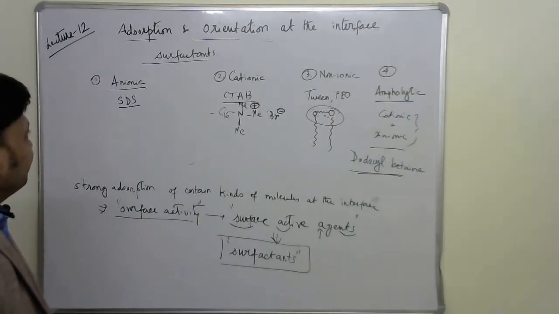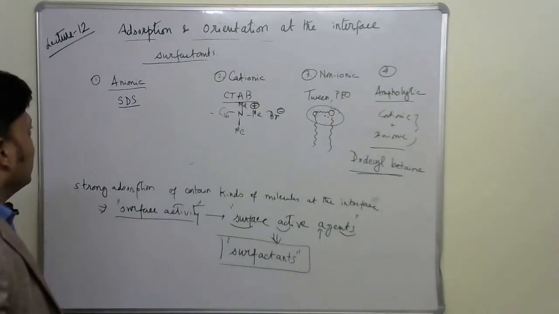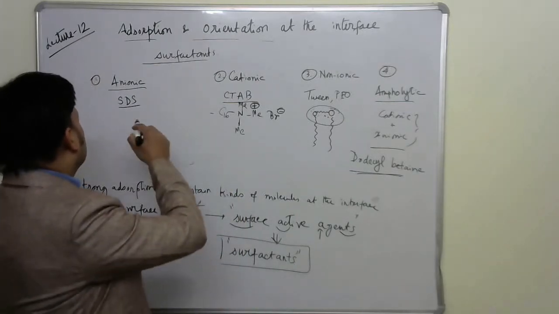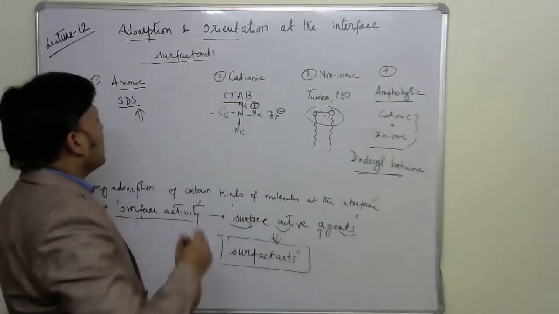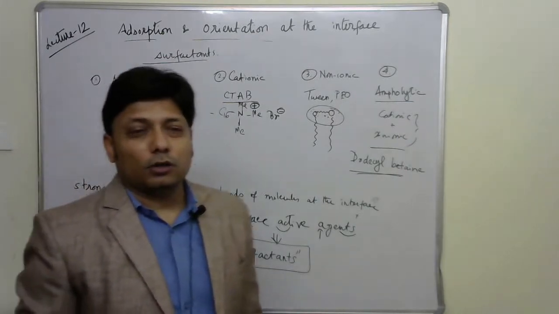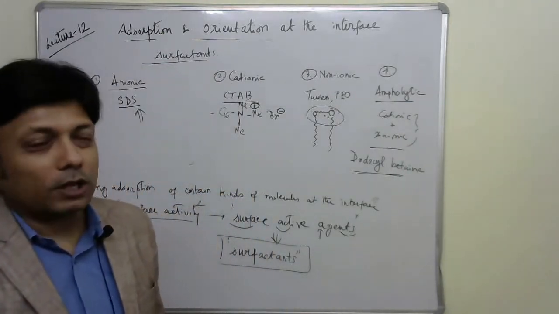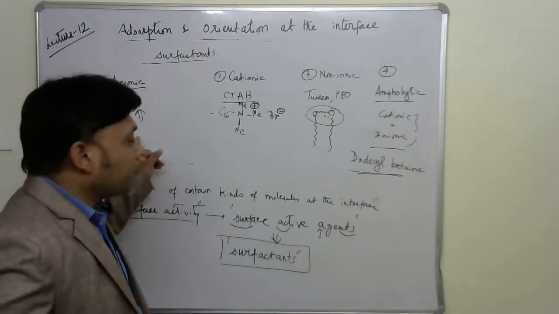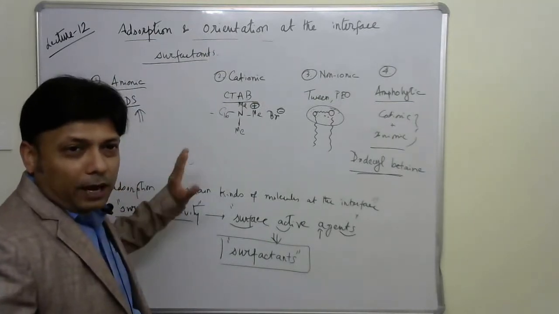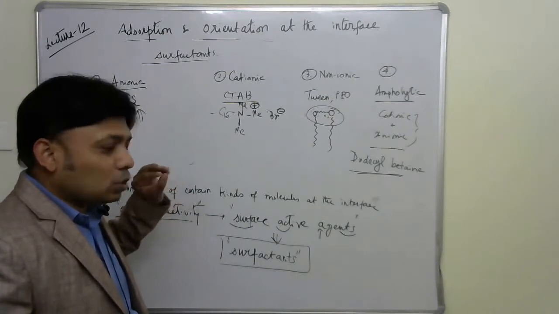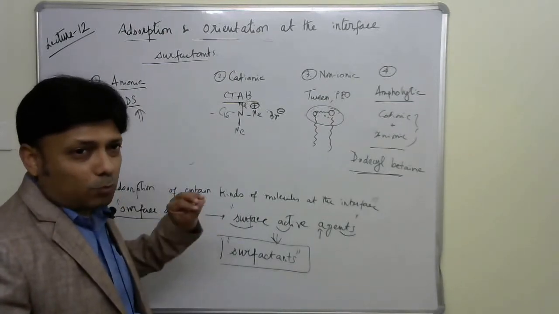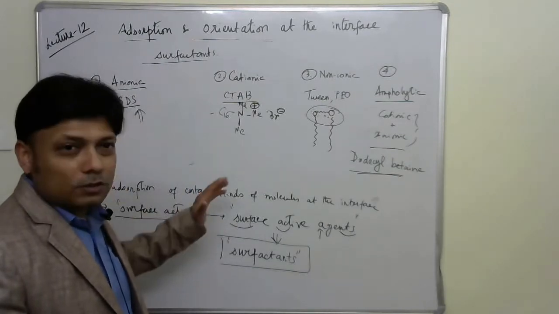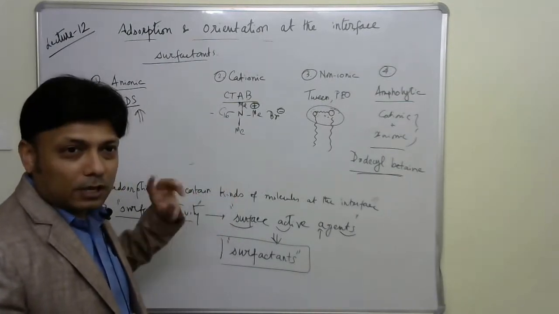Now coming back to the types of surfactants, this SDS, sodium dodecyl sulfate, I'm sure you have used it already without even knowing, because it is the most common surfactant that you will find in soaps, hand wash, body wash, and detergent powder for washing clothes and utensils.